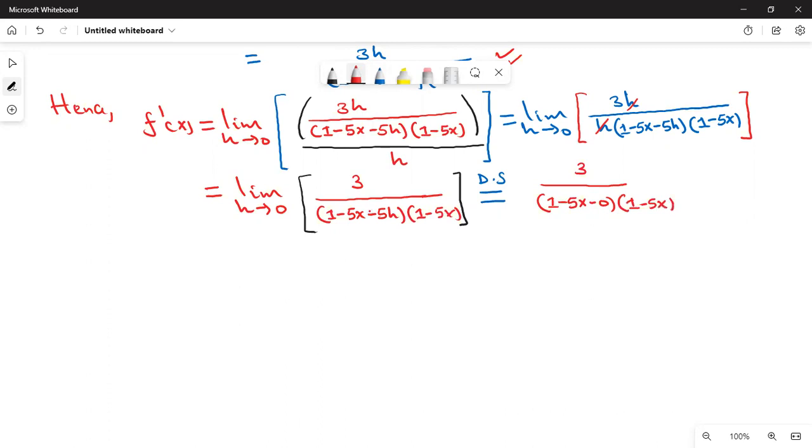A point to take note of is that we are replacing h but not x. And so this will give you 3 over 1 minus 5x, and this is supposed to be squared. So when you differentiate the given function, which is 3x over 1 minus 5x, you're supposed to get what you have found, that is 3 over 1 minus 5x squared. That is from the first principle of differentiation.